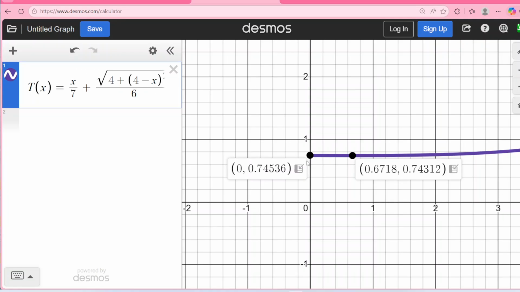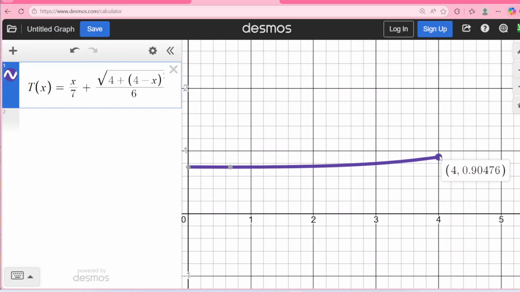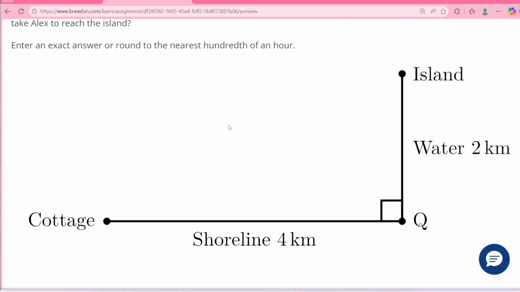Not much smaller, but you see how if I just swam, it would take 0.74, 0.75 hours, whereas if I walk a little over 2/3 of a mile down the shore, 0.67 miles, and then swim, it'll take 0.74 hours. So a little quicker. And then of course it takes longer to go all the way down the shore and then swim across. So the minimal time here in hours would be 0.74 when rounded to the nearest hundredth.